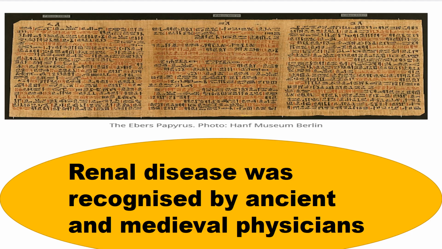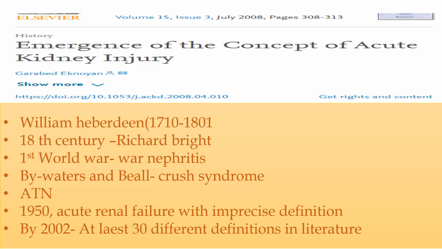But then it's only after the Renaissance that we begin to get a clearer description of acute renal failure. So by the 1800s, we had a description from William Heberden, where he described patients with reduced urine output in his textbook and associated clinical features in these patients.